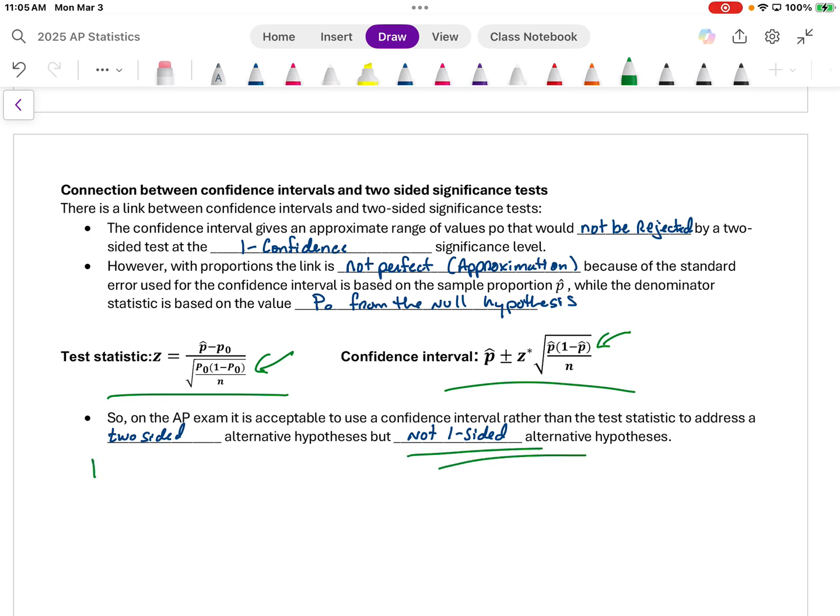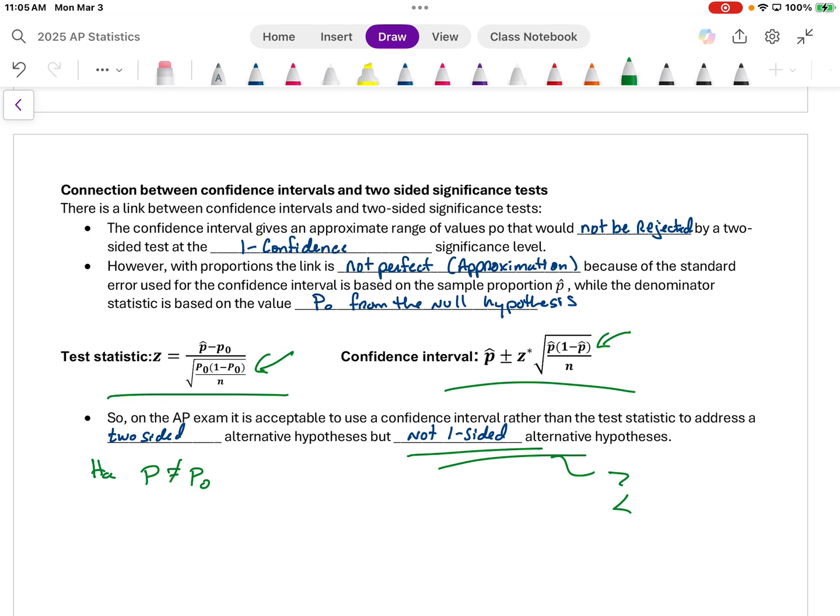So if your alternative hypothesis is P not equal to P sub 0, then you can do your confidence interval. If you're doing the greater than or less than, we're not allowed to do a confidence interval. We can only do it for a two-sided hypothesis test.